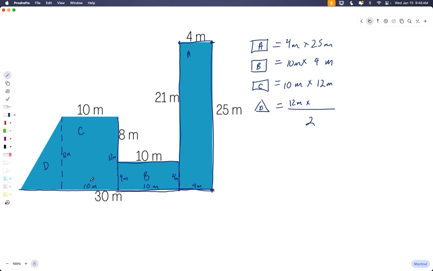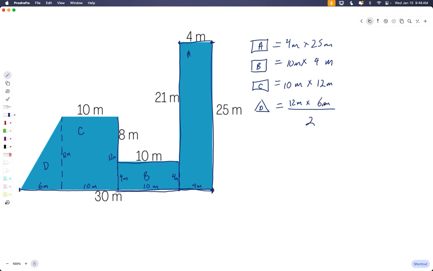So if I add these up, I get 10 plus 10 is 20, plus 4 is 24, right? So this is 24, so this has to be 6 meters, because 24 plus 6 is 30, and 30 is the length from this end to this end. So there's my other dimension for this triangle. So times 6 meters.